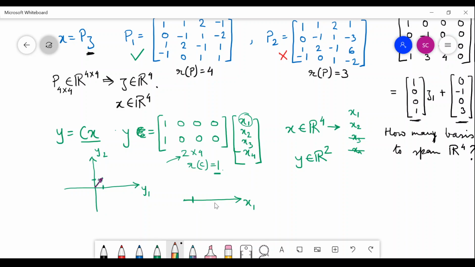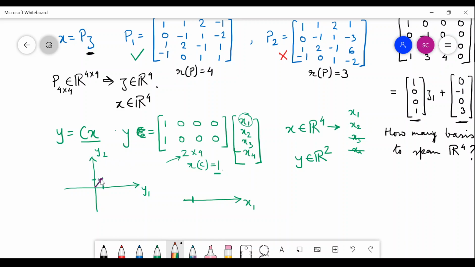Now if your x1 increases, x1 keeps on changing, right? So this entire vector, the states keep on changing, x1 x2 x3 x4 all keep on changing. However, x2 x3 x4 do not have any contribution, only x1 has a contribution. So no matter where x1 is, your y1 and y2 will always be equal. That you can understand, because they are equal to x1.